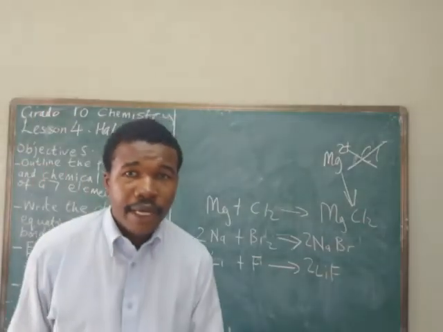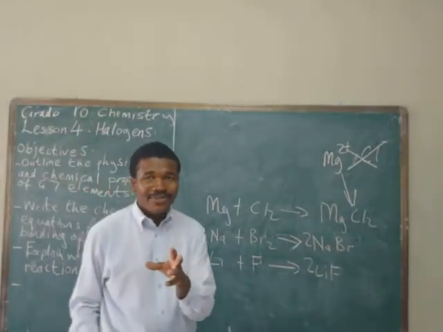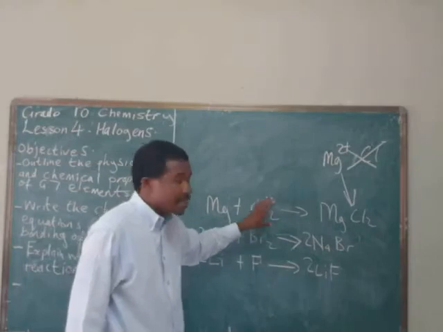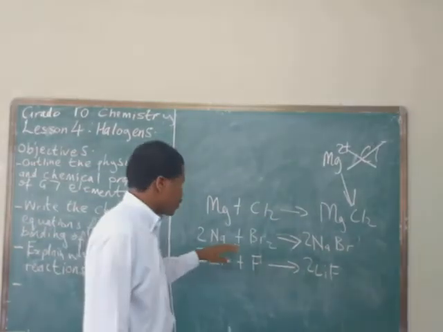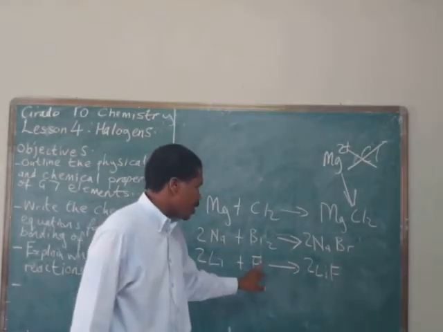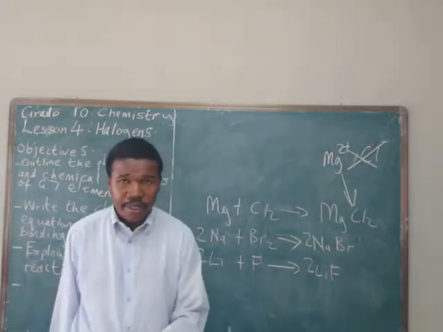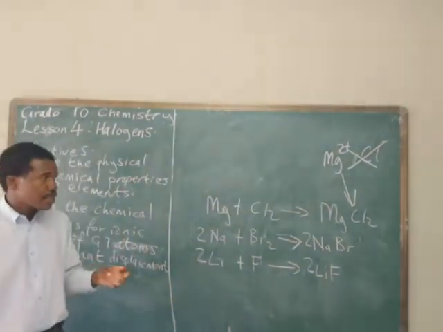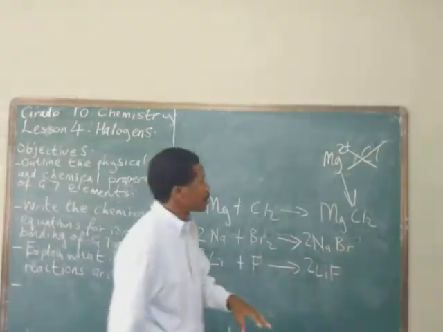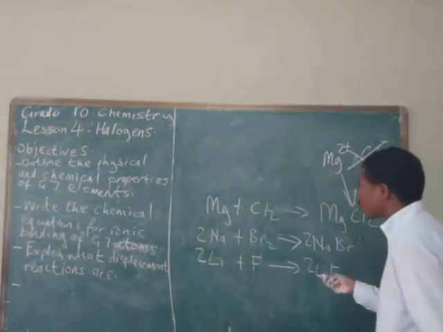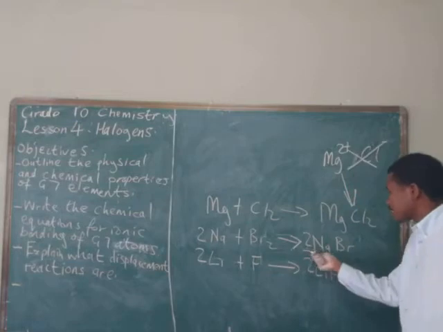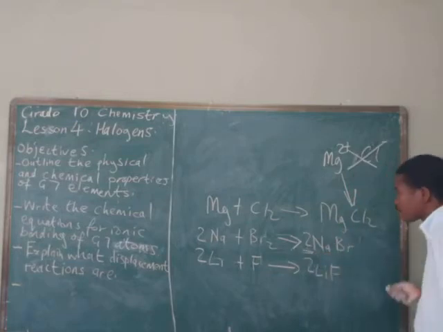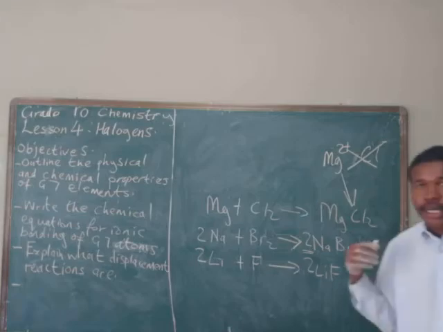Okay, welcome back, guys. I hope you were able to write your ionic equations for magnesium plus chlorine, sodium plus bromine, lithium plus fluorine, right? So why did I ask you to write these equations? It's because I wanted to see if we could understand the balancing and how we get these products, like magnesium chloride.